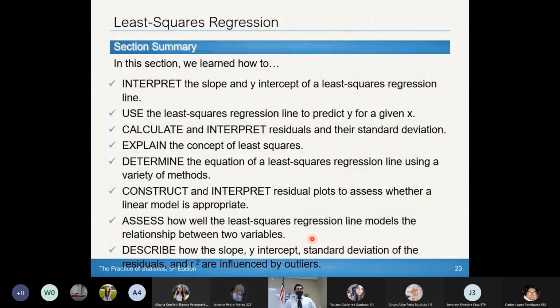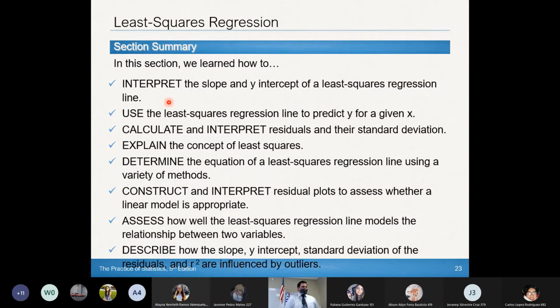And so that is the end of the lesson for 3.2 that we started yesterday. We learned how to interpret the slope and y-intercept of a least squares regression line, what those mean in context. We can use the least squares regression line to predict y for a given x. We can calculate and interpret residuals and their standard deviation, mostly using a calculator.